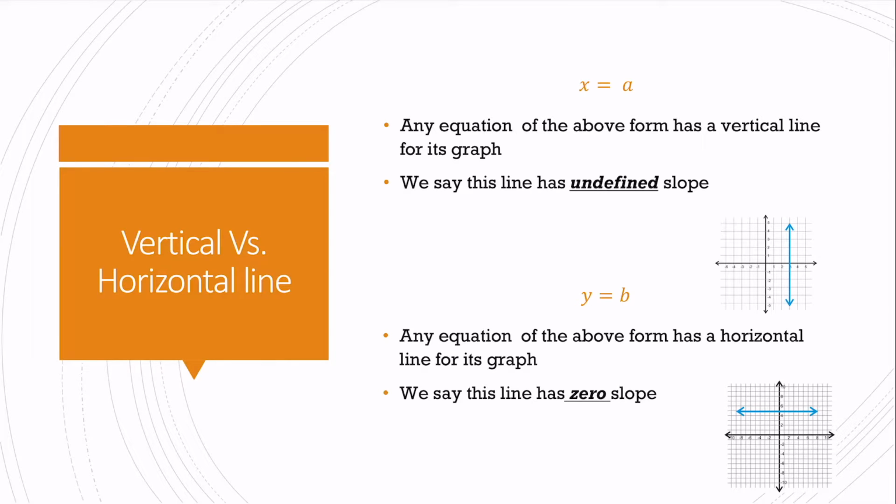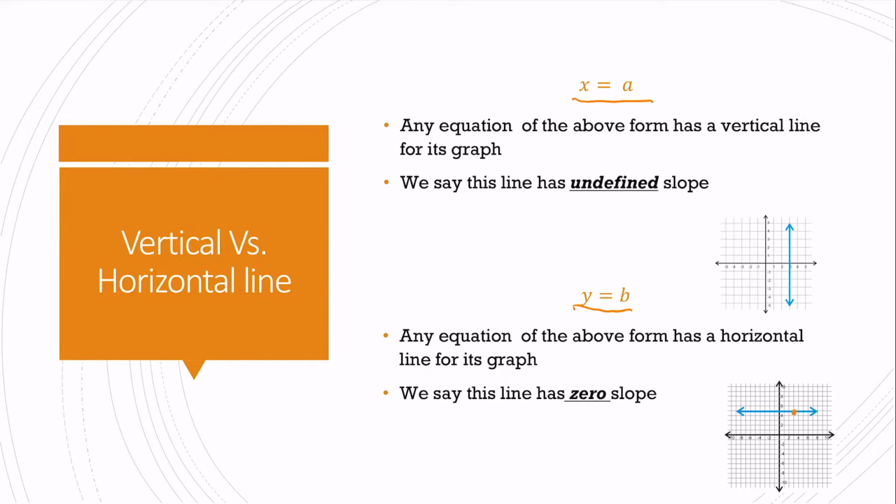Any equation of x equal to some constant is going to have a graph that's a vertical line, and it will have undefined slope. Any equation of the form y equals b is going to be a horizontal line, and we'll say that has 0 slope. So let's take a look at this.